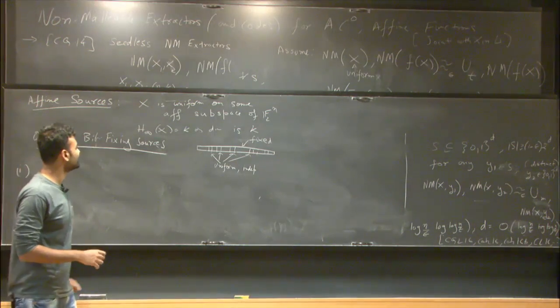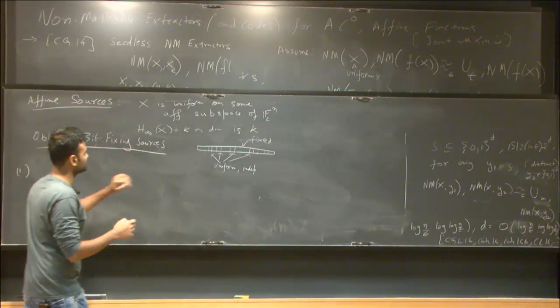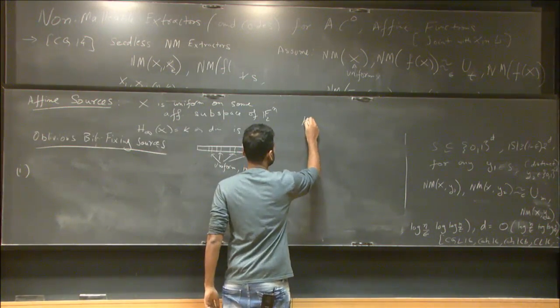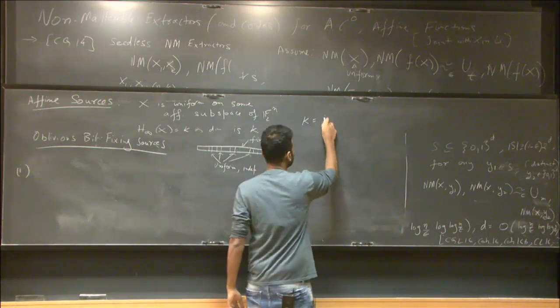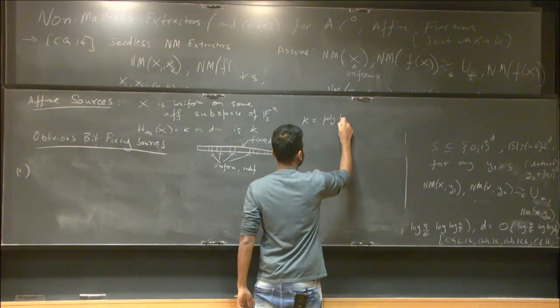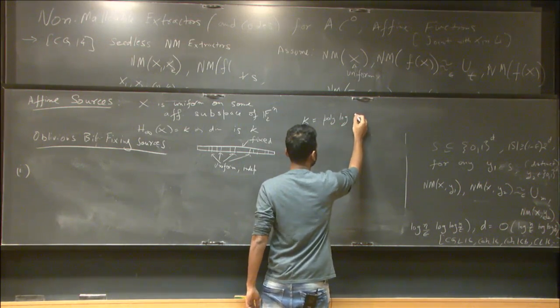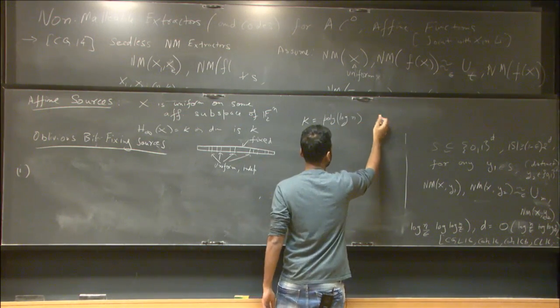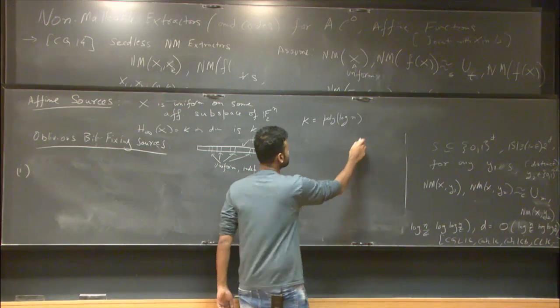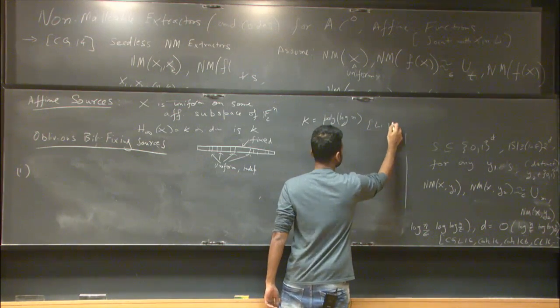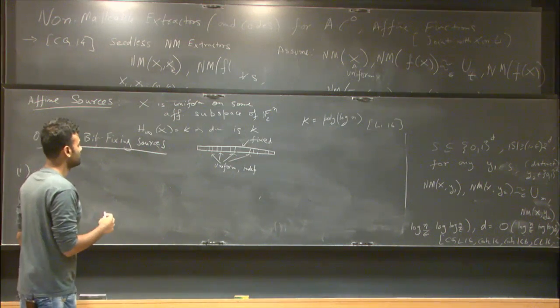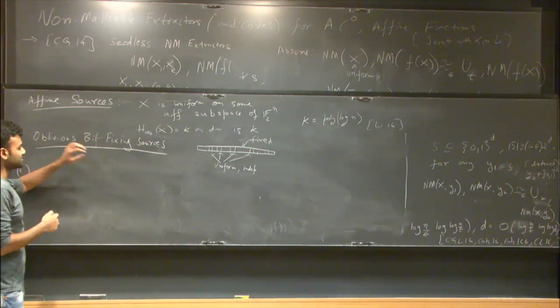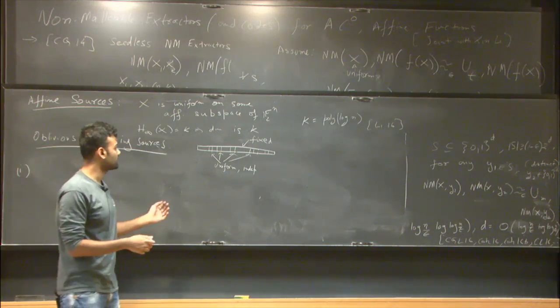So for affine sources, there are explicit constructions for polylog min entropy, and also a follow-up. And bit fixing sources have been studied even more.